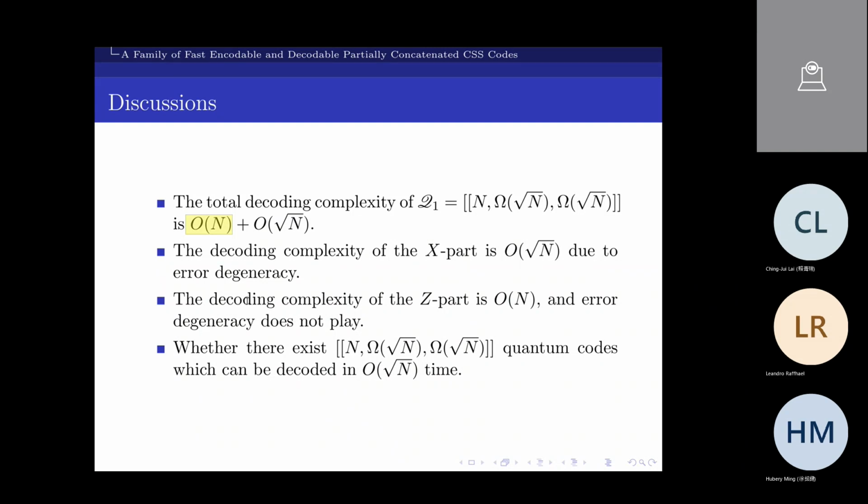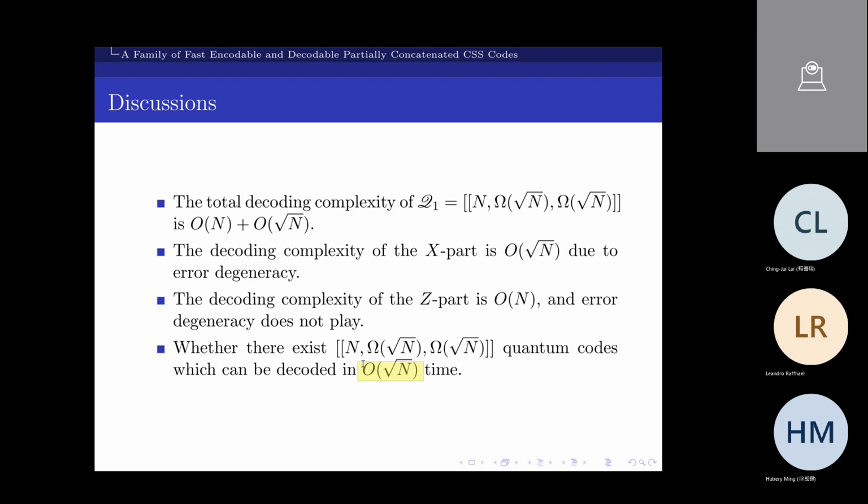So we want to discuss that there exist quantum codes with such parameters which can be decoded in square root of n time, because such decoding time may not be found in classical linear codes, but in quantum we can if we explore the error degeneracy.